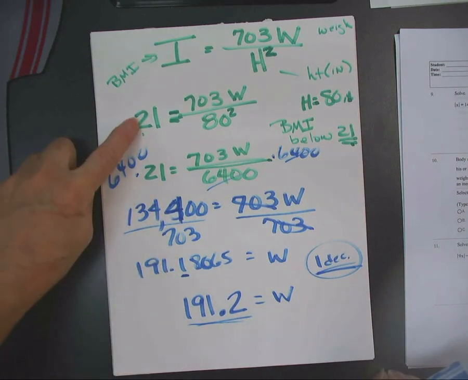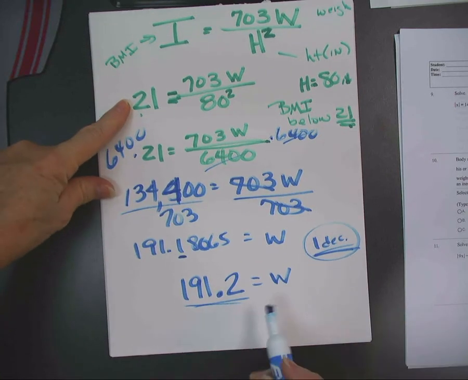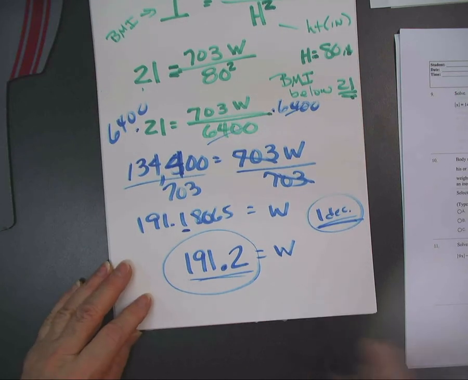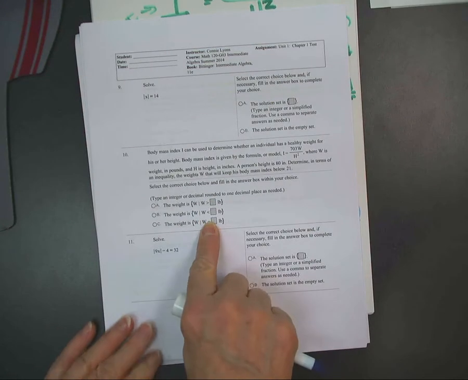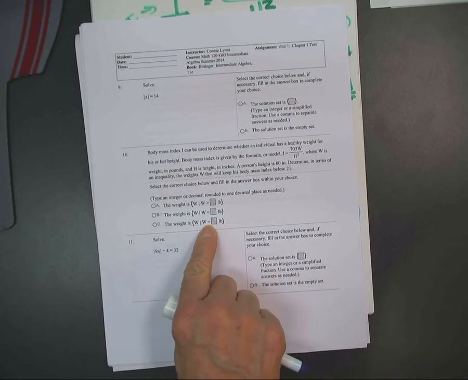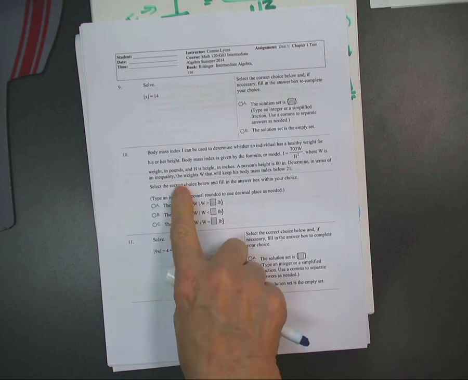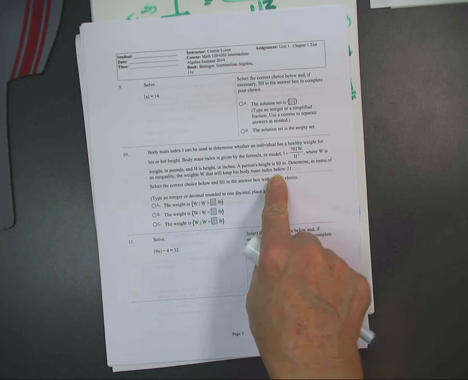So this would make the body mass index 21, so the weight needs to be below that, because if it's higher than that, the BMI goes up too. When you put your answer in there, don't put the equals, because it's not going to be equal to that. So what weights will keep it below 21? There's a lot of weights that'll keep it below.